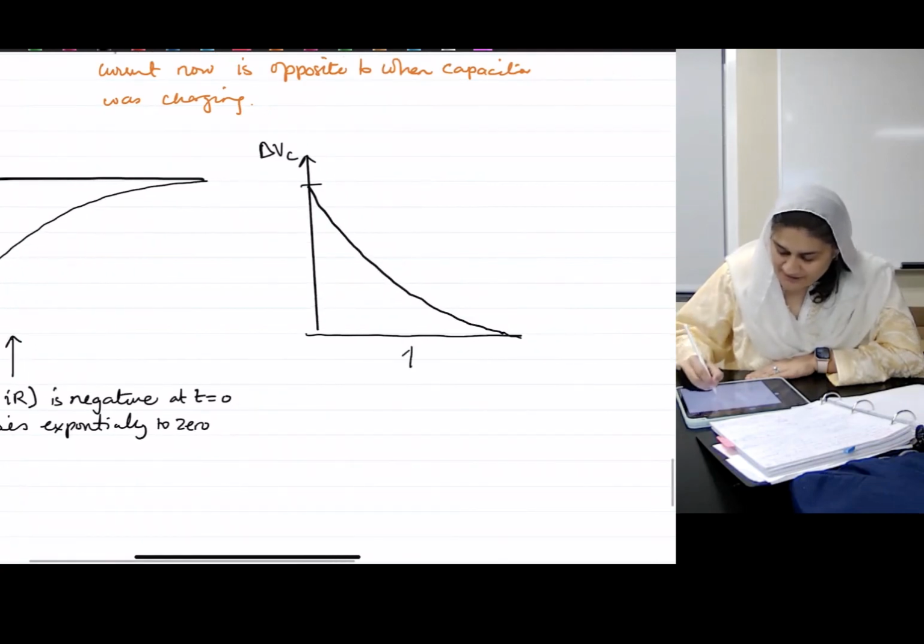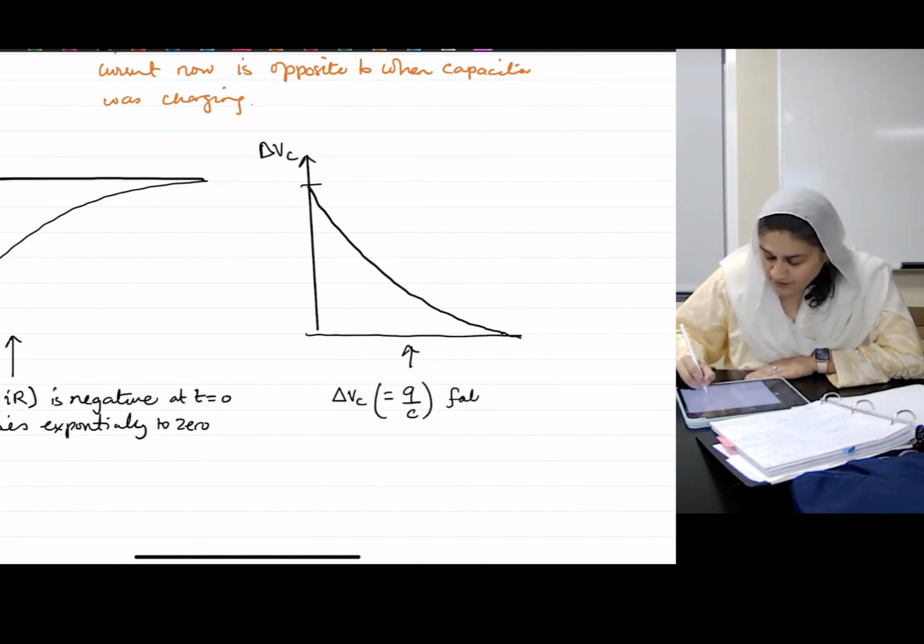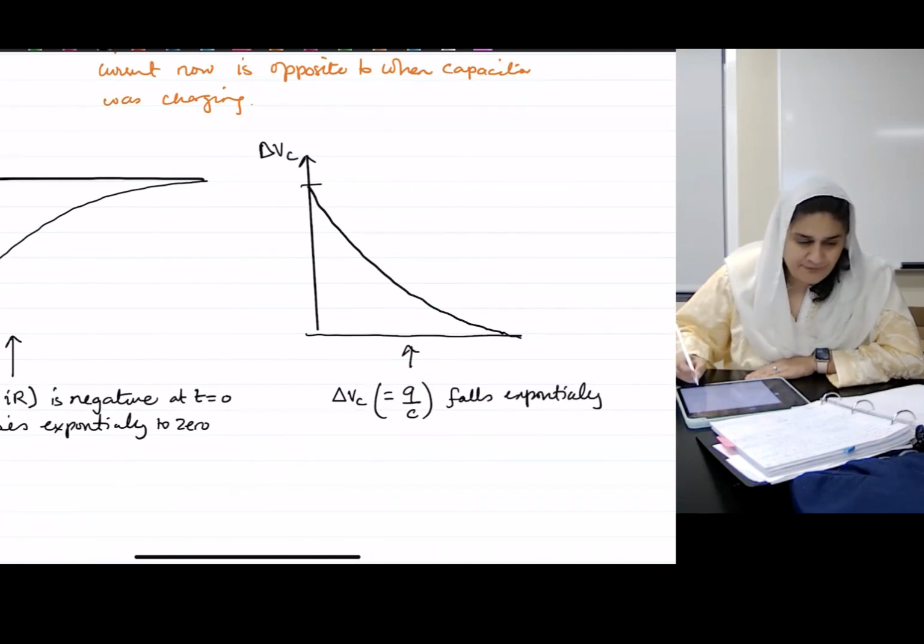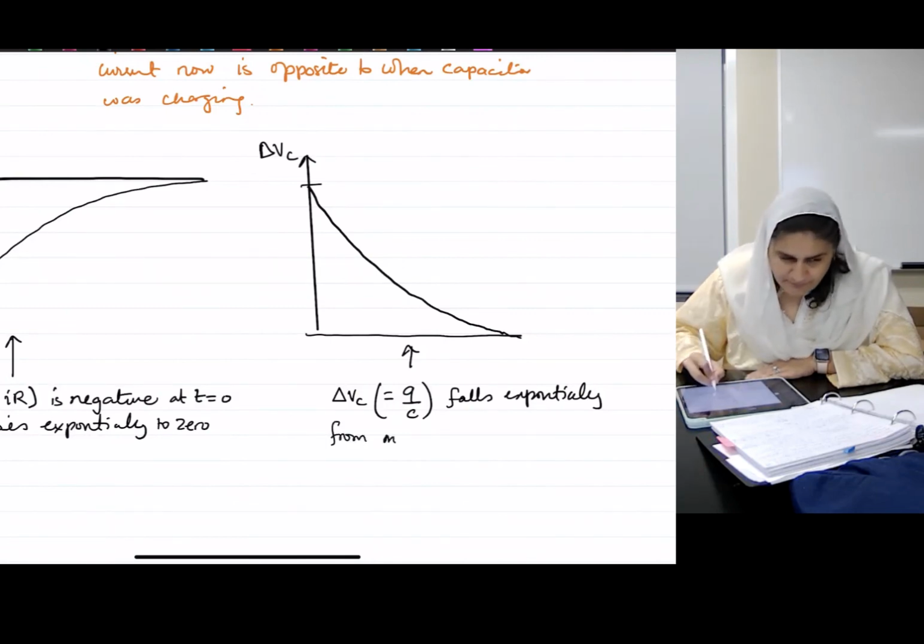Whereas delta VC, which is defined as Q over C, falls exponentially from the max value it had at t equals 0.